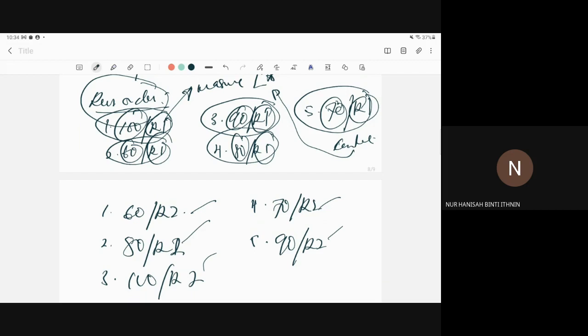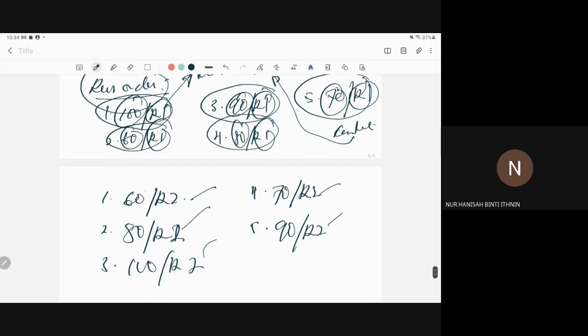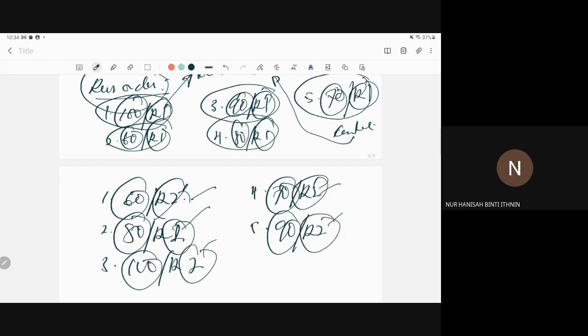So again, you can see that there is randomization between treatments, but there is no randomization between replications. That is why it is called a complete randomized block design, where it is completely randomized, but only within the blocks.